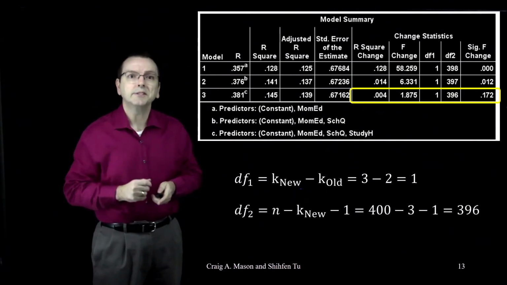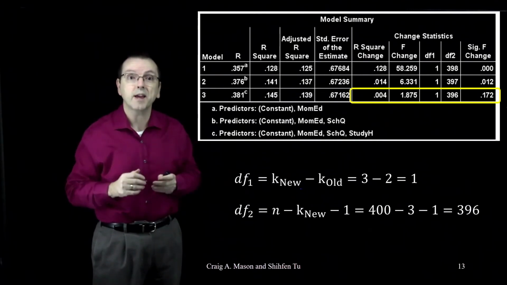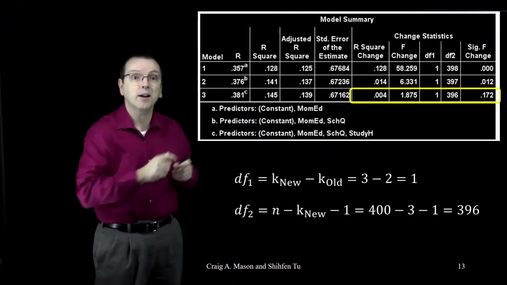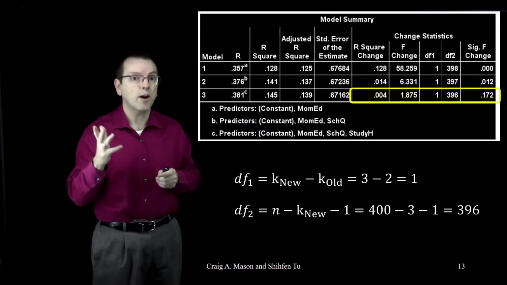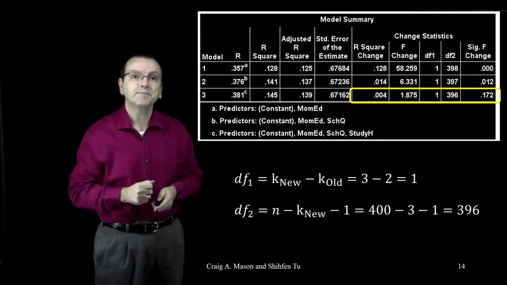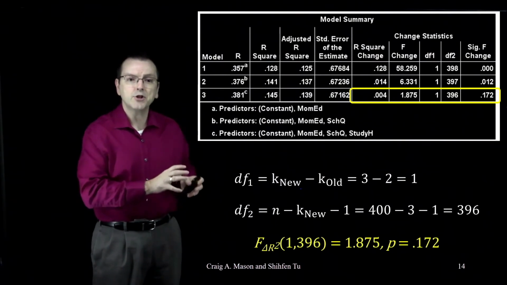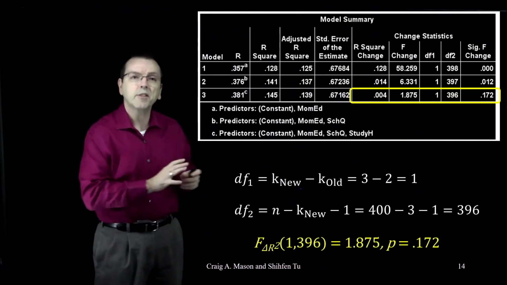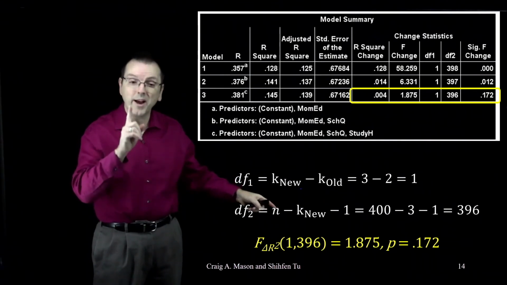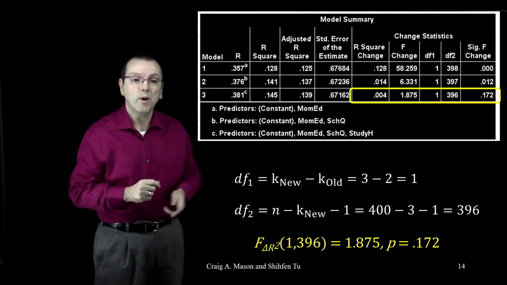The second degrees of freedom is just the degrees of freedom residual from the overall ANOVA table, which is n minus the number of variables in this model, minus 1, which is 400 minus 3 minus 1, or 396. Now, we can write that out as the F for the change in R squared with 1 and 396 degrees of freedom equals 1.875 with a p equal to 0.172.